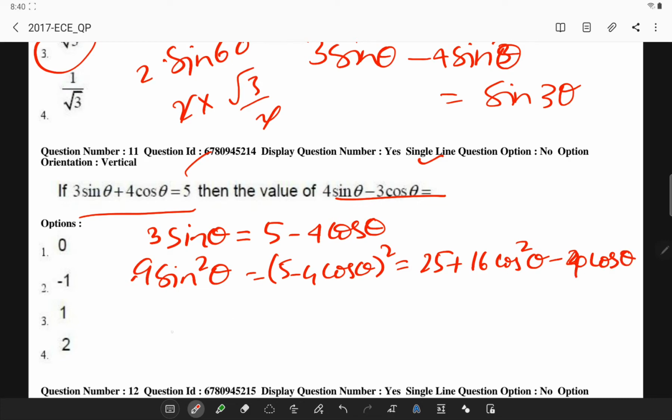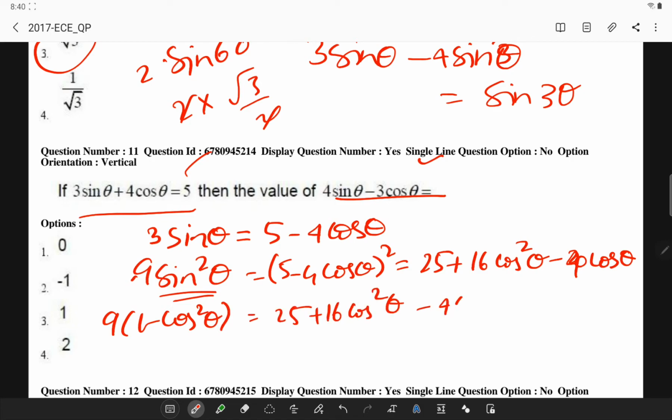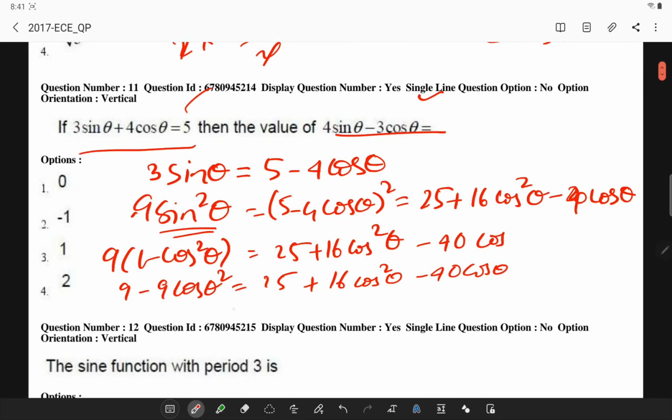So now if I substitute here, sine square theta is 1 minus cos square theta, so 9 minus 9 cos square theta is equal to 25 plus 16 cos square theta minus 40 cos theta. So 16 plus 9 will be 25 cos square theta minus 40 cos theta plus 16 is equal to 0.